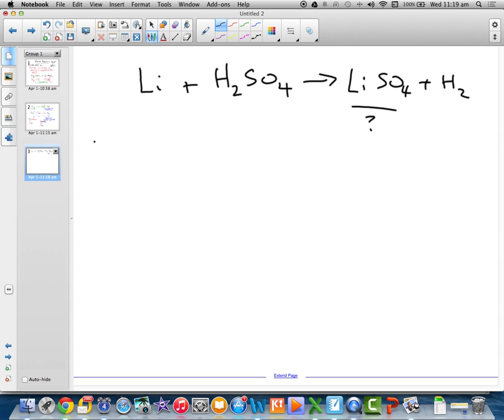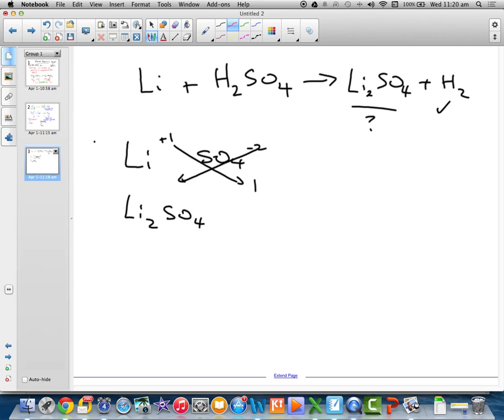Not so sure about this, but I'm fine with that. Okay, so my lithium sulfate, so lithium's in group 1, so it's got a charge of +1. Sulfate is not in any group, it's a radical, but it's got a charge of -2. So the 2 comes down, the 1 comes down, so it's Li2SO4. So I just need to add a 2 there. So I've got the correct formula, and now I can go ahead and balance.